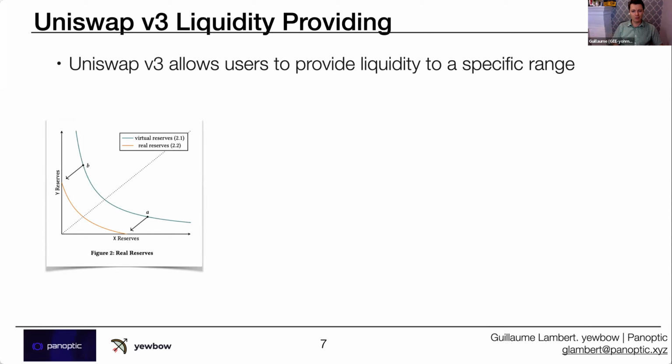Now, if you do this with Uniswap v3, you still have the same X times Y equals K function, but you can specify a certain limit as to where your liquidity is going to be deployed.